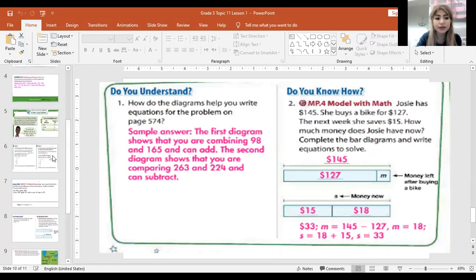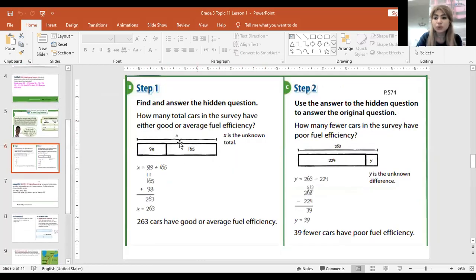If you look at the diagrams we used, we wrote in this diagram this number that I'm going to add and that number that I'm going to add, and I did a line up which is called X. So drawing makes me visualize what I'm doing, how I am solving the problem. That's how diagrams help us. Diagrams help us to solve the problems.